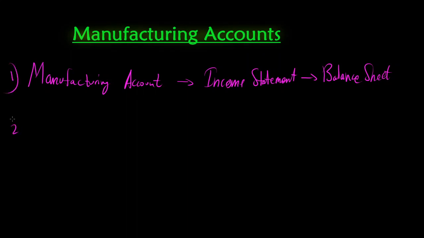Next, we have different types of inventories. We have three types of inventories in this case. We have inventory for raw materials.